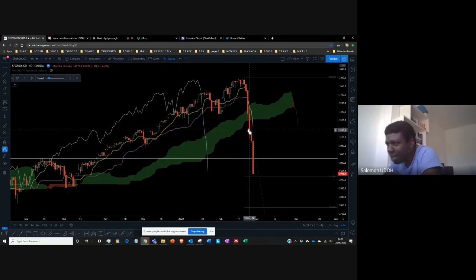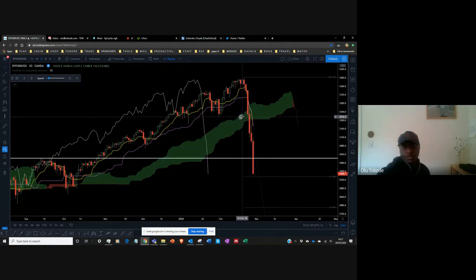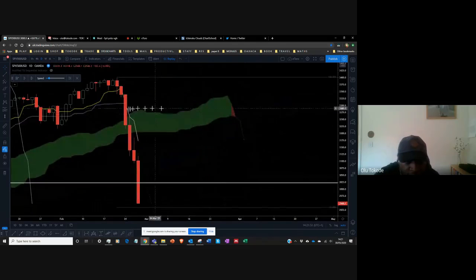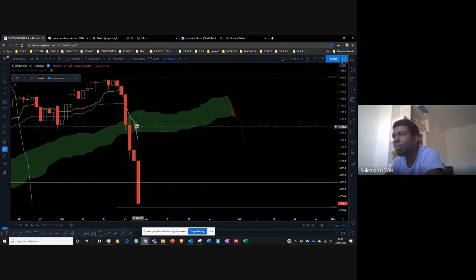So in this case, the moving average crossover is actually slower, very slow in telling you that we're selling off. The crossover was supposed to be somewhere around there, but both of them were overlapping.